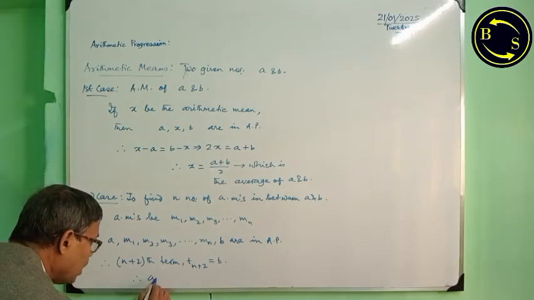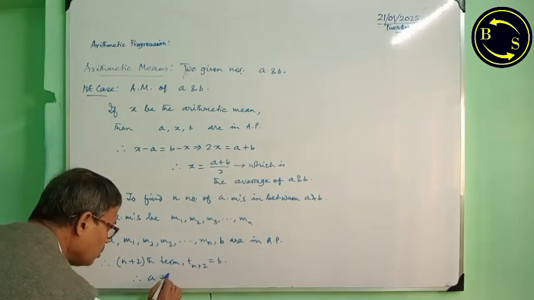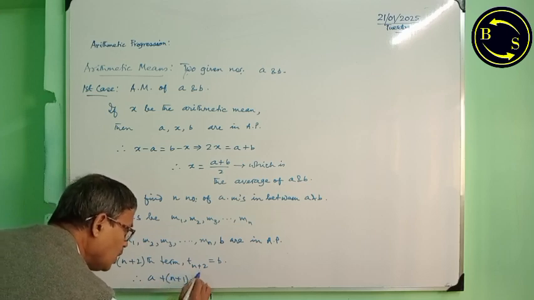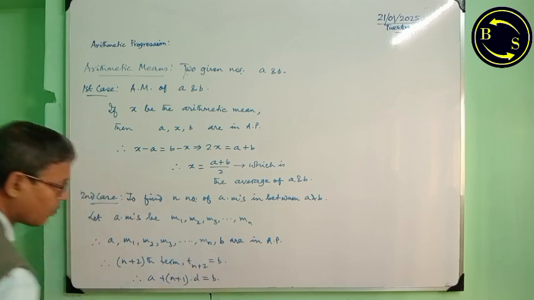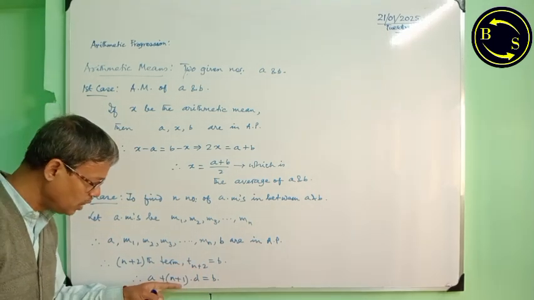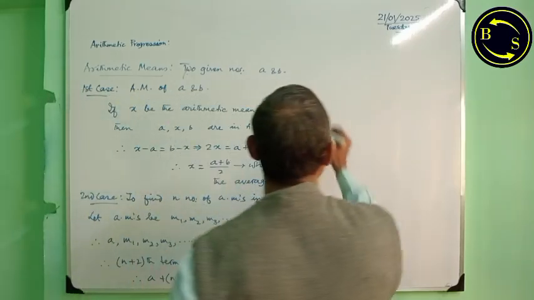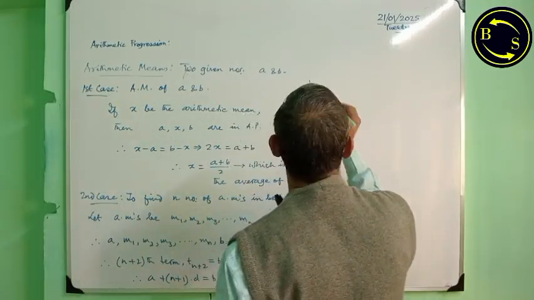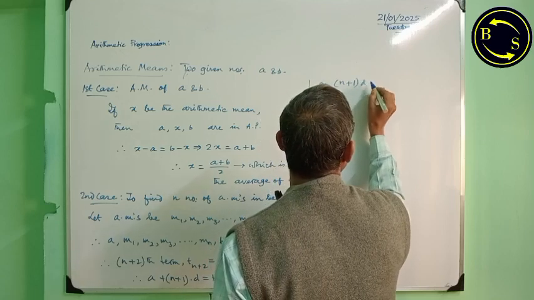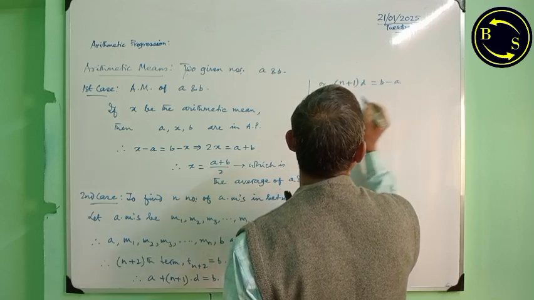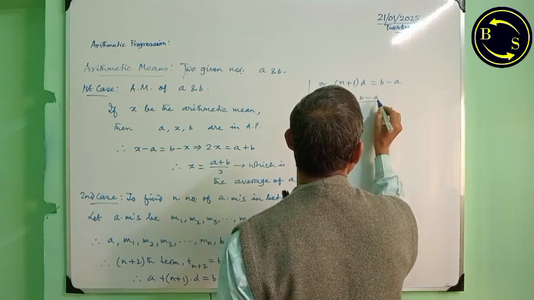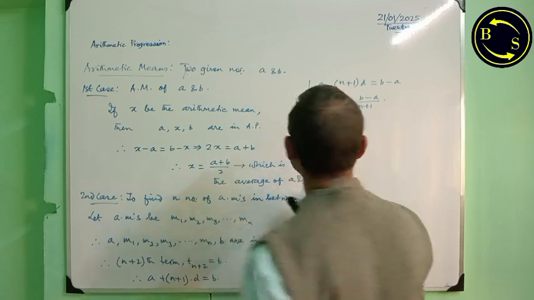As per formula, A plus n plus 2 minus 1 whole into D equal to B. Therefore, A plus n plus 1 into D equal to B. From that, n plus 1 whole into D is equal to B minus A. Therefore, D equal to B minus A divided by n plus 1.